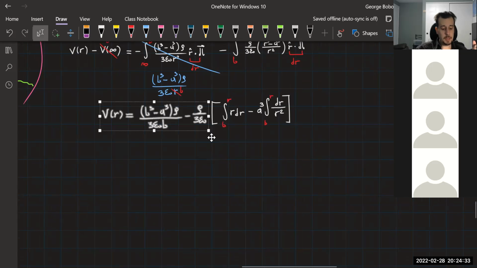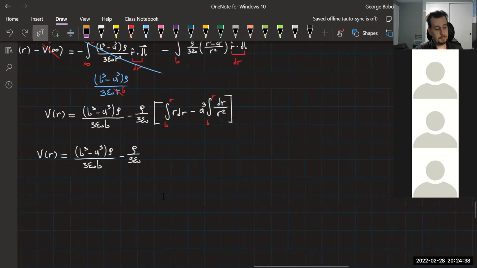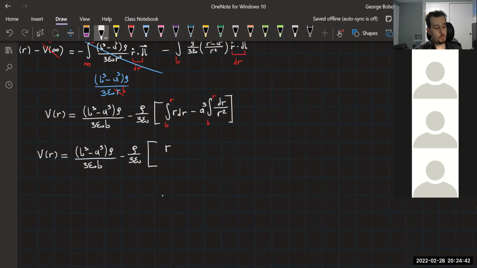So you have that ready. What do we have left then? Inside the bracket, we have r squared over 2 minus the integral of this, negative 1 over r, which is multiplied by an a cubed.